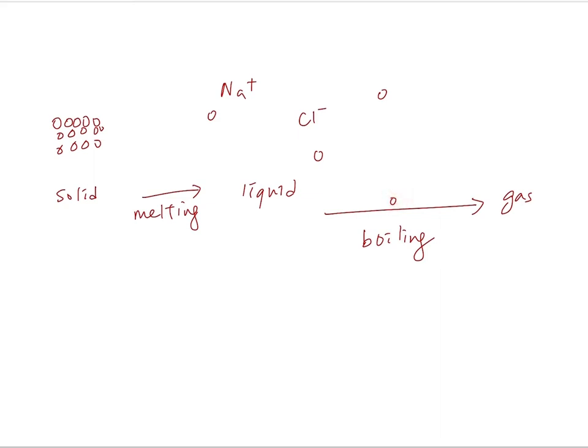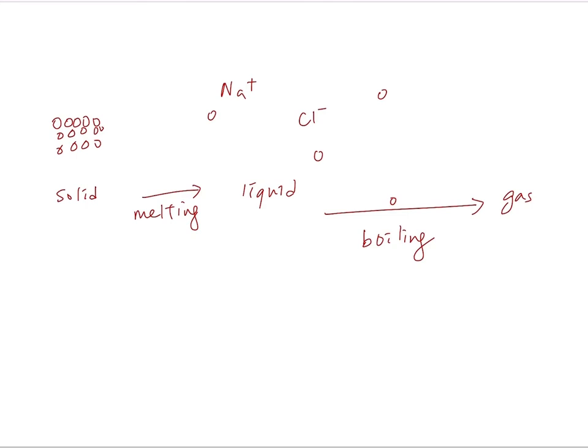These are very simple particle models. Inside a solid, the particles are packed regularly and closely together by ionic bonds. For liquid, they are separated by a longer distance, the particles are further apart. And for gases, the particles are very far away.